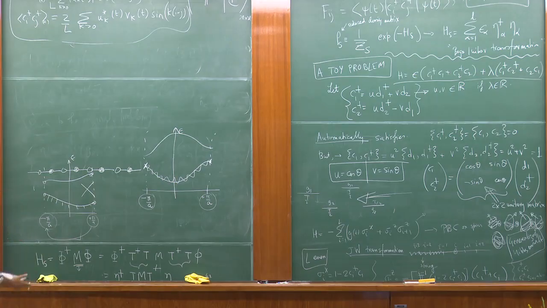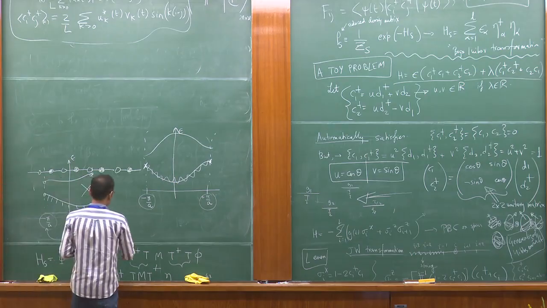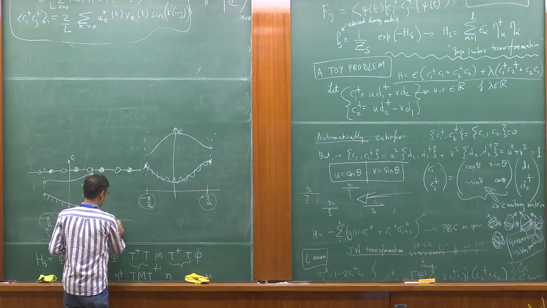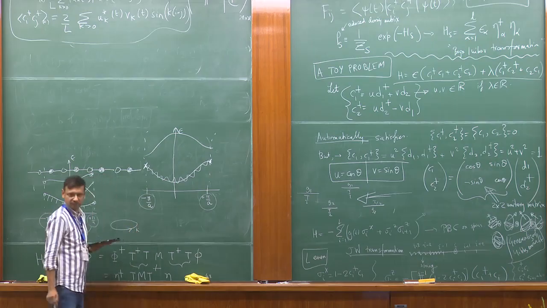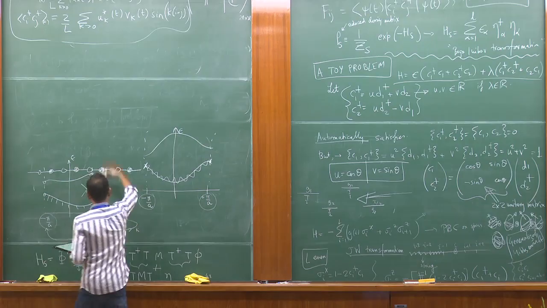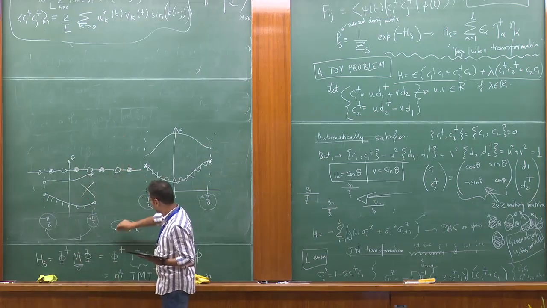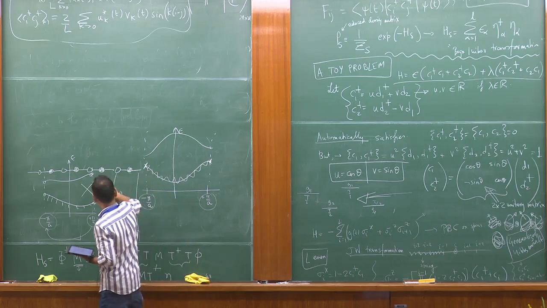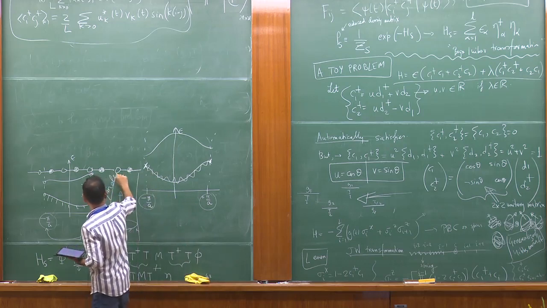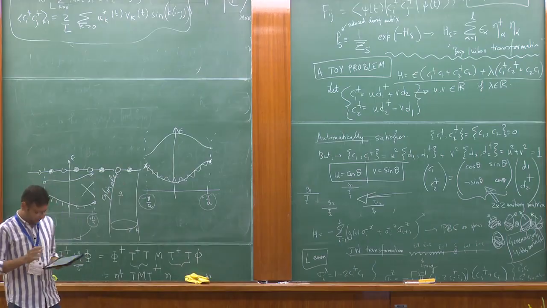This teaches you that in this 1D problem, K effectively lives on a circle, okay? But E lives on the real line. So the topology here is that of a cylinder. Now let's think of the Floquet problem.